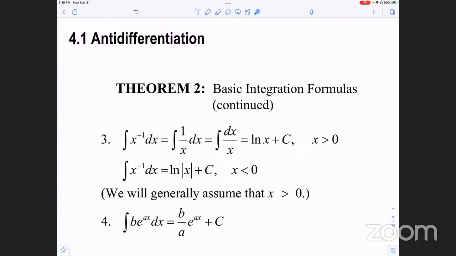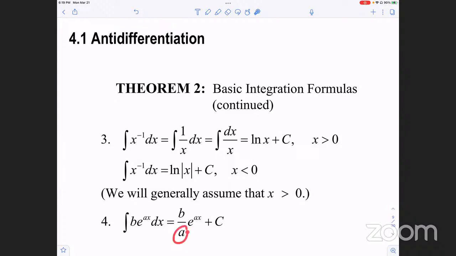The integral of e to the ax is itself divided by that constant in the exponent. These constants can just go in front. For e, you have to divide by a.